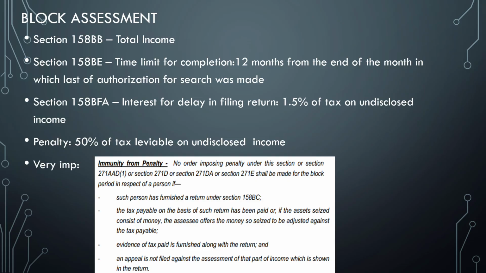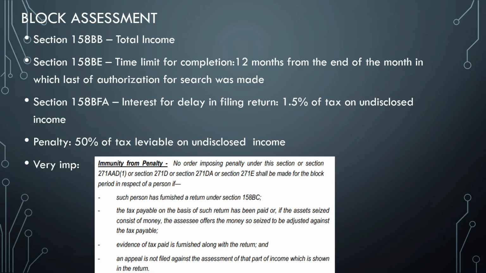Another very important thing is to briefly elaborate the conditions or criteria to be satisfied for obtaining immunity from penalty. Such person has furnished the return under 158BC, and the evidence of tax paid is furnished with the return, and appeal is not filed against the assessment of that particular income which is shown in the return.